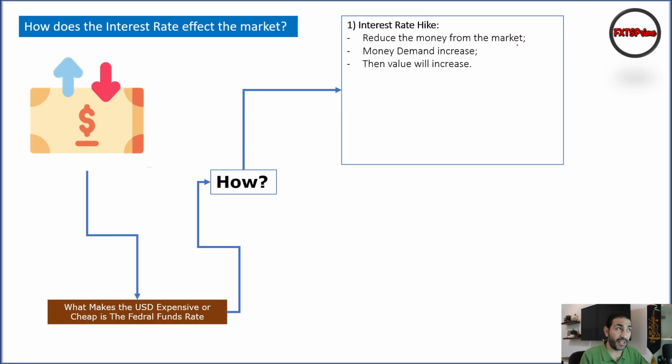Because the grocery doesn't make that much. It makes only 300. So by increasing the interest rate, the Federal Reserve Bank is going to give you additional interest on your deposit in the bank. So you're going to sell your grocery. You have 3-4 employees. You're going to tell them bye-bye, no more grocery, I'm closing this grocery, I'm going to put my money in the bank.